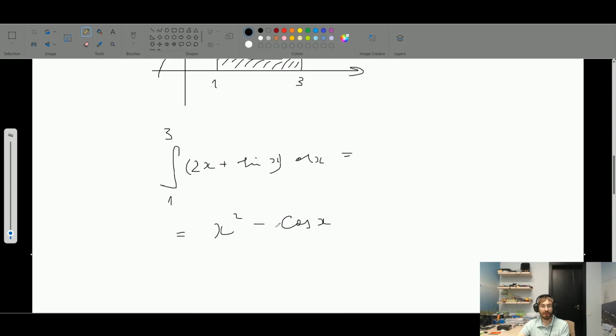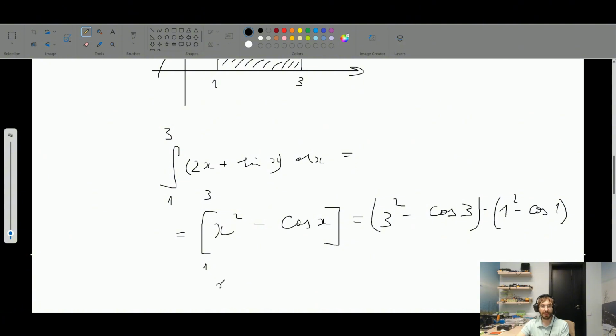So x squared minus cos x, and again, from 1 to 3 boundaries. Then I will put first 3, it will be 3 squared minus cosine of 3 radians, and minus 1 squared minus cosine of 1 radian.